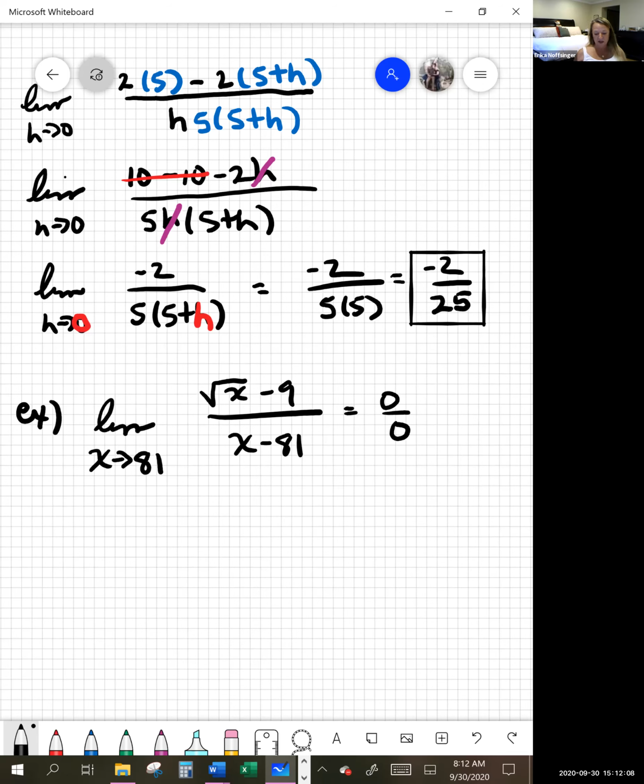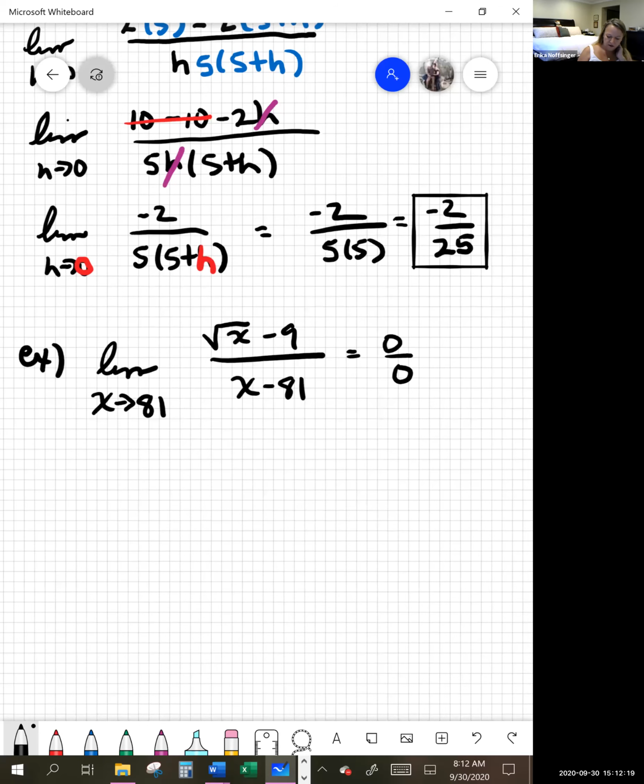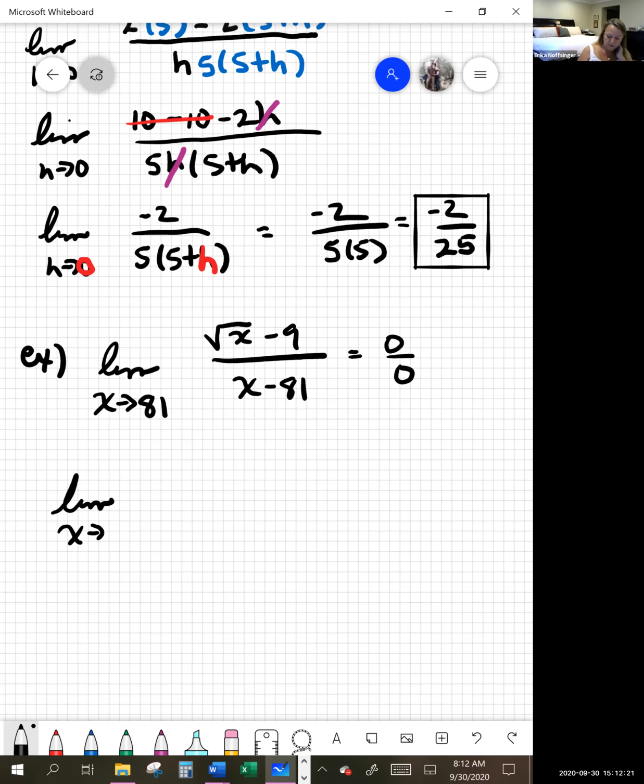If you're looking at a rational function and it has a radical in there, then try multiplying by that conjugate, that fancy one, using the conjugate of the square root of x minus 9 in this case.